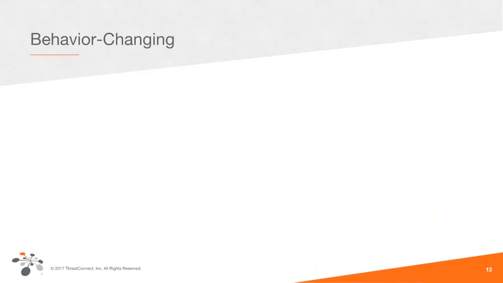Now, the final piece I want to talk about is probably the most important of the four rules, and that is behavior changing. Your dashboards should drive behavior. A big reason that fancy, showy dashboards fall short is that while they offer pretty pictures, they don't provide information that drives behavior.